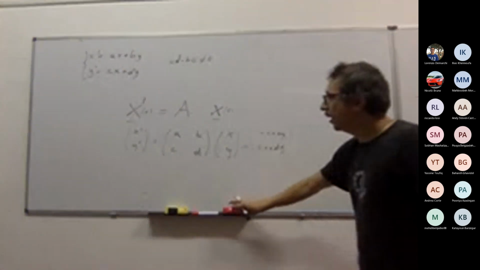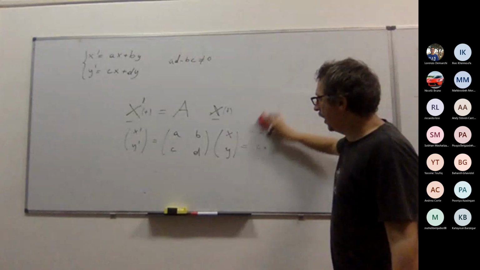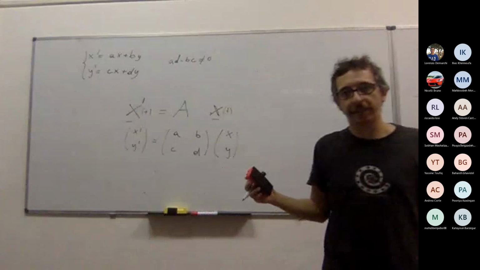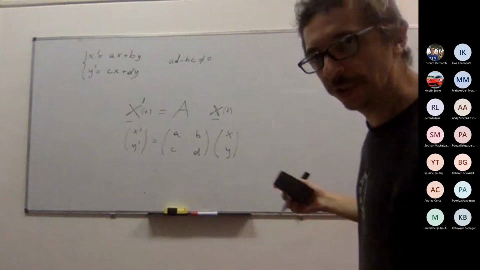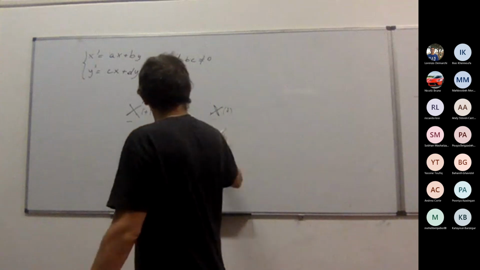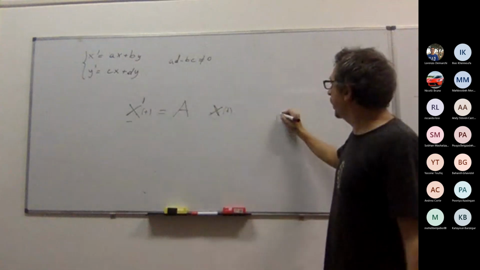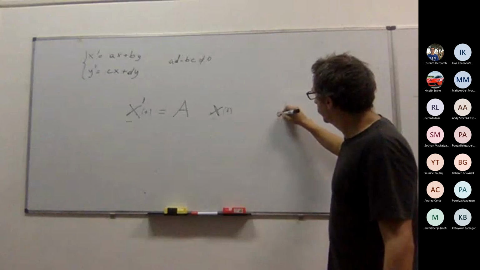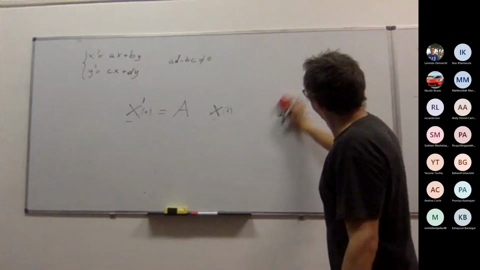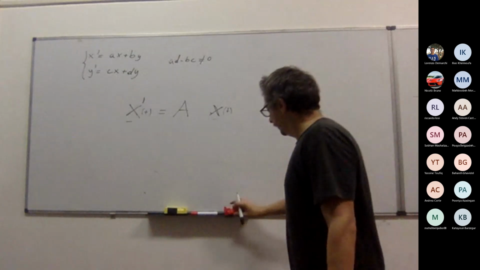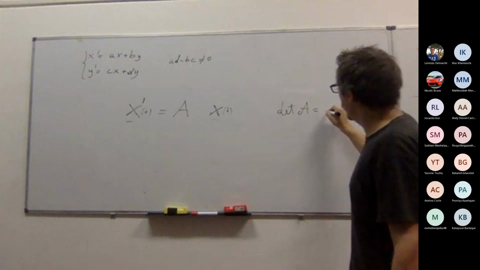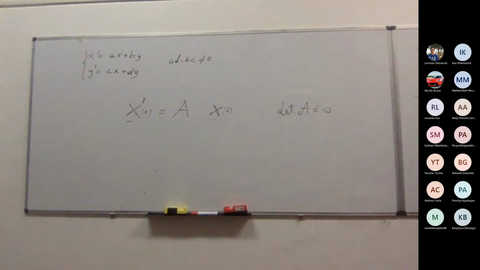So this shows me that I can write my linear system in this matrix form, in this matrix notation. Don't forget that by assumption, the determinant of the matrix A is different from 0.